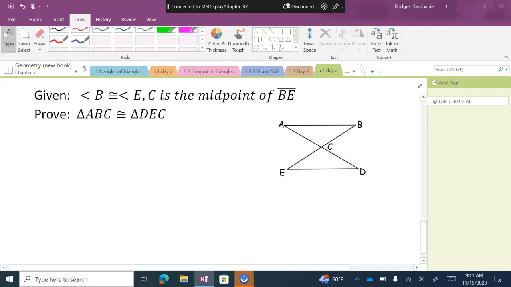If you're given congruent angles, does that allow you to say anything else? No. What's the other piece of information they give you? They give you a what? Midpoint. So you should be able to name some congruent segments.